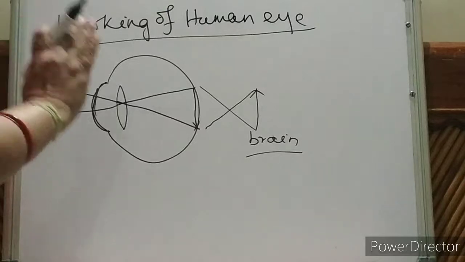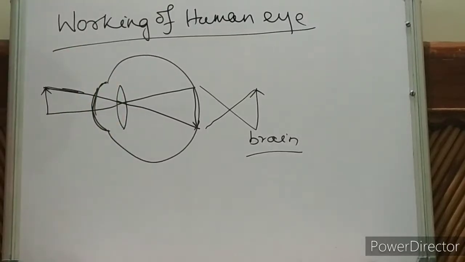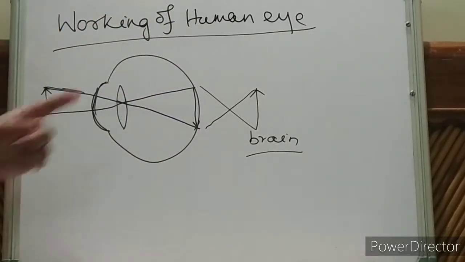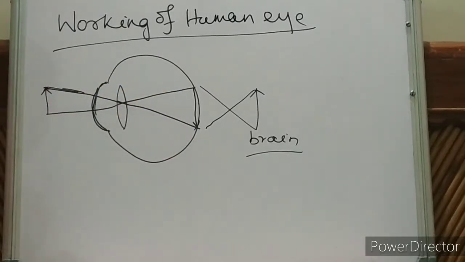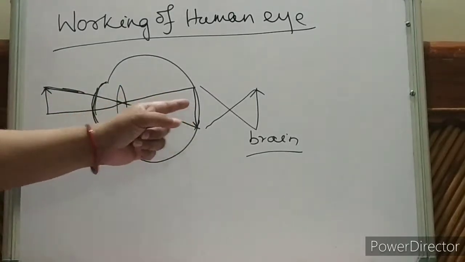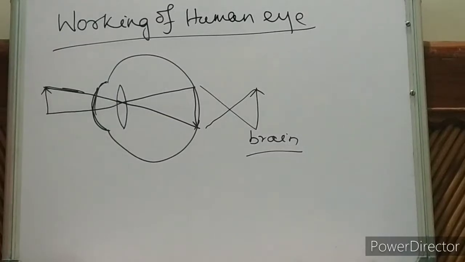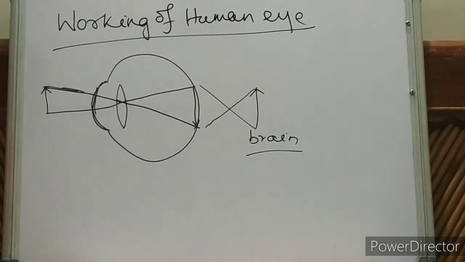We have already discussed the eye lens is convex. So how the image will form? It will form a real and inverted image of the object on the retina. We know the retina has large number of light sensitive cells in the form of rods and cones. That also we have discussed in our last video lecture.